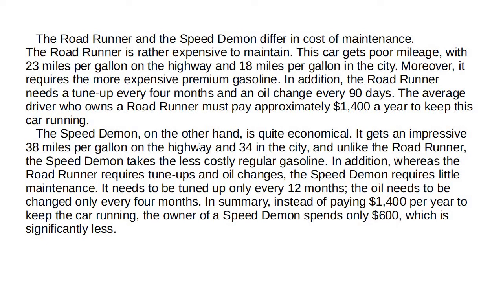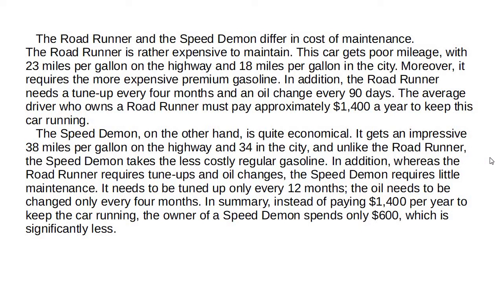The Speed Demon, on the other hand, is quite economical. It gets an impressive 38 miles per gallon on the highway and 34 in the city. And unlike the Roadrunner, the Speed Demon takes the less costly regular gasoline. So unlike here introduces a difference, a contrast.